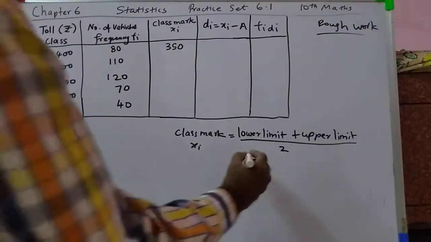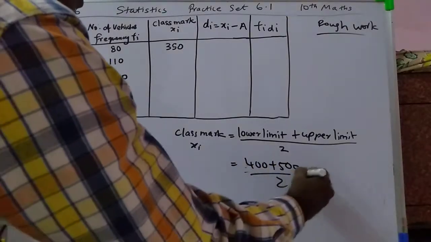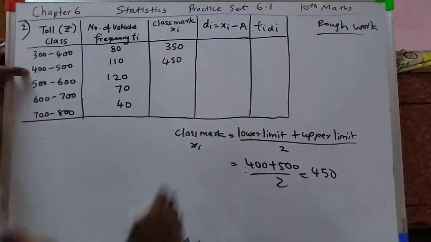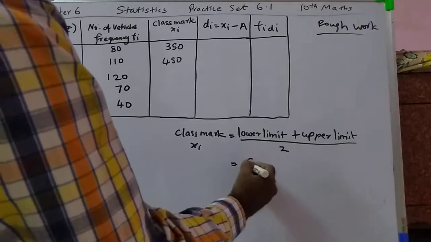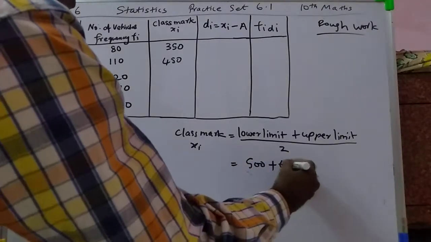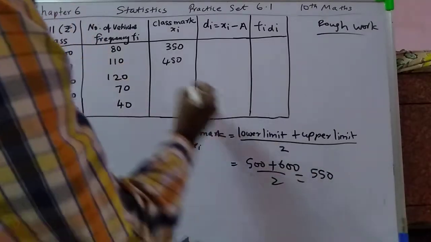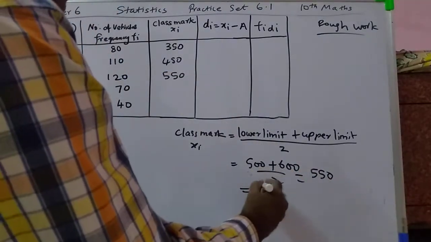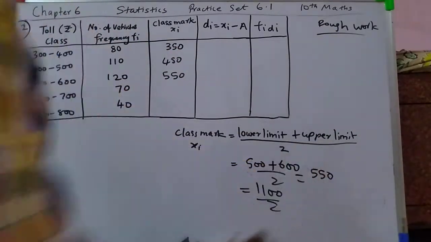Now take next one, 400 plus 500 divided by 2, it is 450. Now take third one, 500 plus 600 divided by 2, that will become 550, because it is 1100 divided by 2.